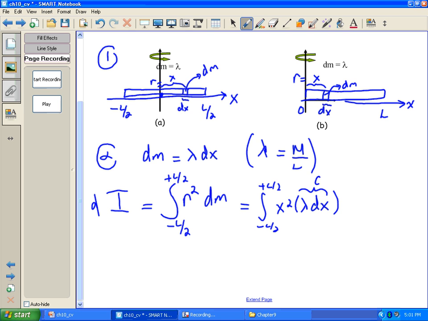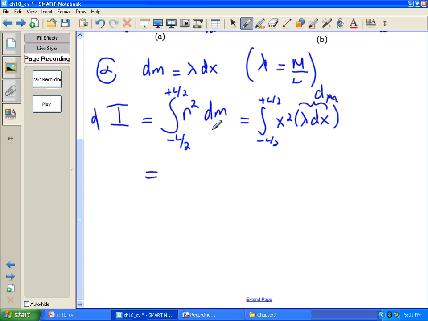Okay, that's our dm. Further, because we're not going to be canceling the lambda with anything in the denominator, knowing it's a constant, we pull it out of the integral, and so we're left with the integral from minus L over 2 to positive L over 2 of x squared dx.